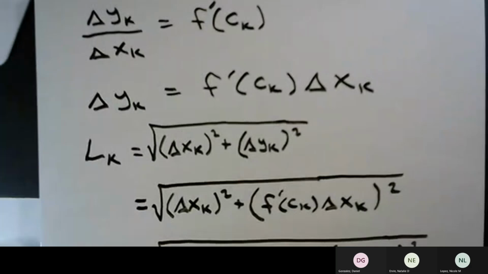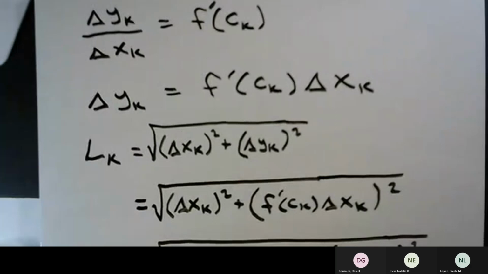So again, this is going back to that section on differentials. And we can simplify this a little more. We can say ds is the square root of 1 plus dy dx, squared.